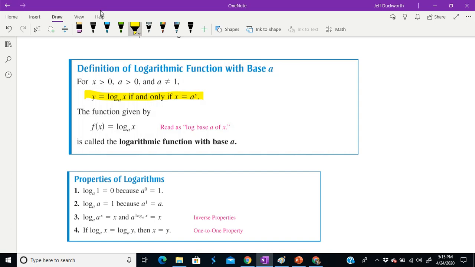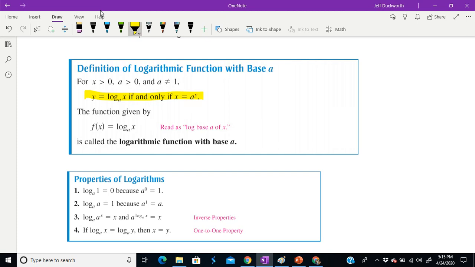Well, anything to the 0 is 1, excluding 0, of course. But we don't have to worry about 0 because a cannot be 0. Our second property, log base a of a is equal to 1 because a to the 1 is a. That's no problem. Again, using that same thing that I've got highlighted.